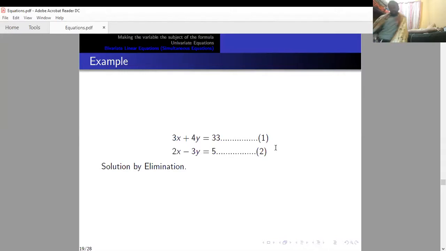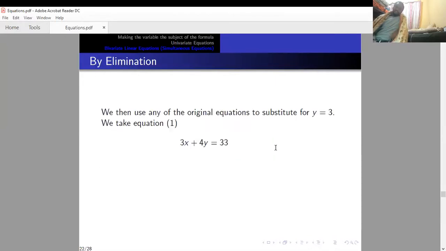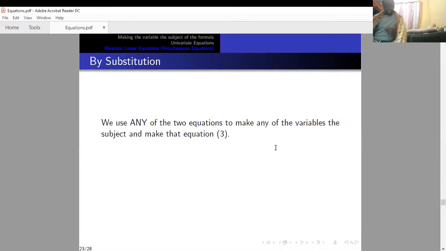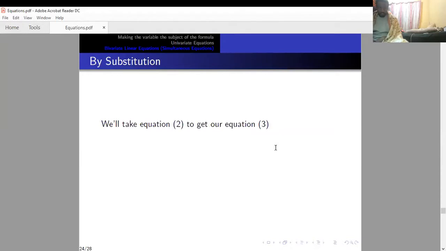Now we've already established that, so now we use the substitution method. As I do the substitution method, you get the first equation, you get the second equation. Now you use one of the two equations to make equation 3, and in this case, equation 2 will be used to get equation 3.